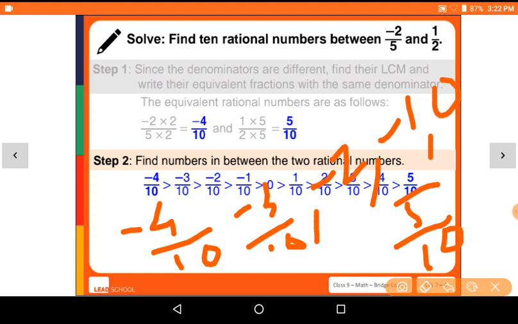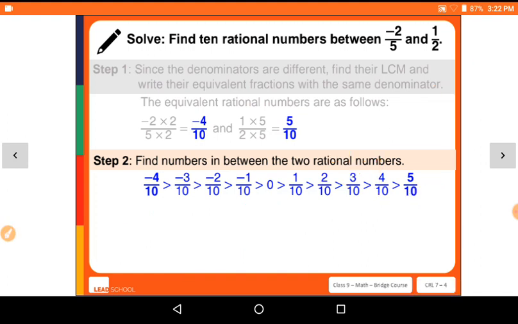So all things we have to include, then 1 by 10, then 2 by 10, 3 by 10 and then 4 by 10.